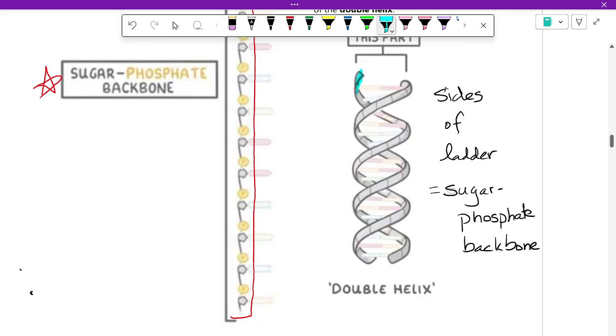So it's this twisty part, not the rungs of the ladder, but the sides of the ladder. And sugar phosphate backbone is a vocab word, okay?